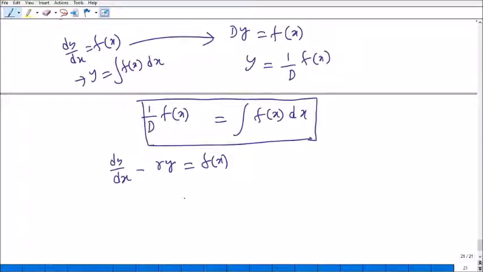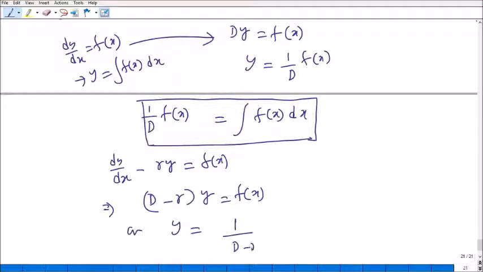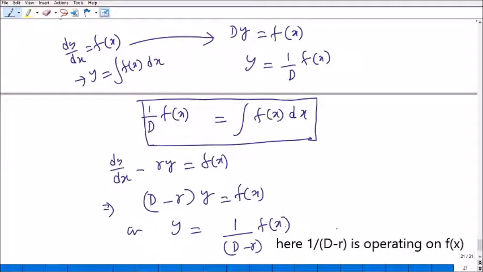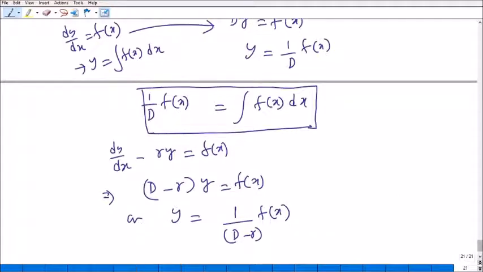In the operator format we can write (D - r) y equal to f(x). From this we can write y equal to 1/(D - r) f(x). Now if r equal to 0, then we simply get y equal to (1/D) f(x).